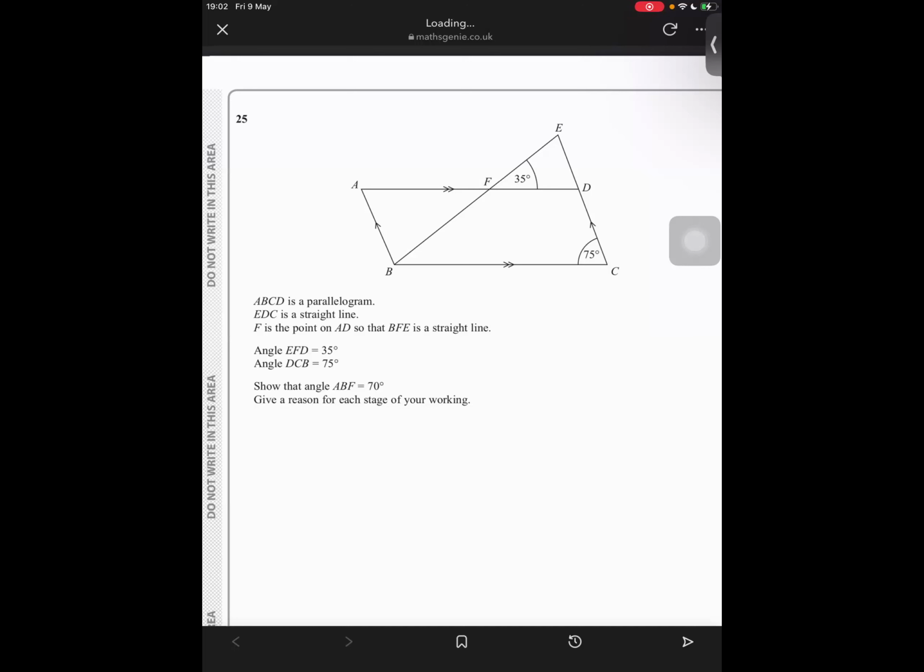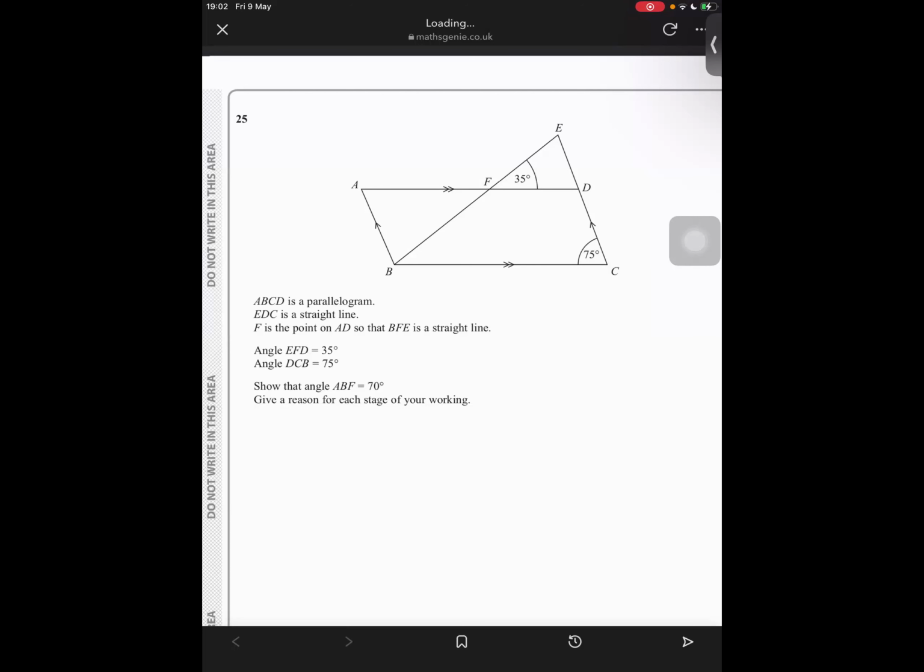Okay, so guess what? We have a triangle. We already know two of the angles. Don't you think we can tell what the third angle will be? Yes. So what will be your reason for the last stage of your working? Angles in a triangle add up to 180. Perfect.